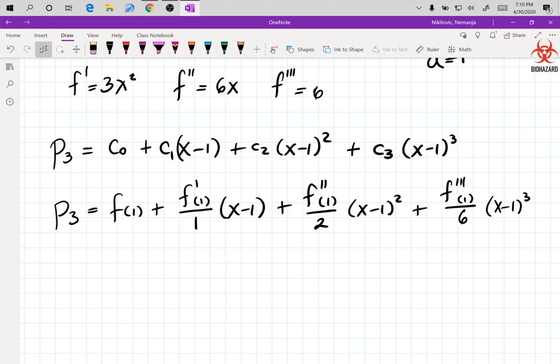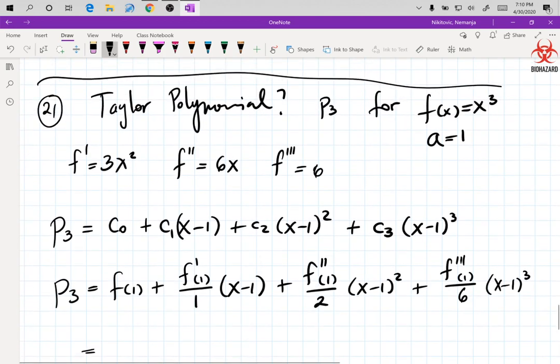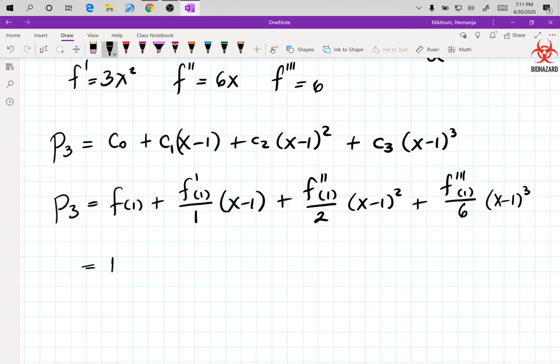So what is the P3 over here now? Well, this is going to be the original function computed at 1. My original function is x cubed, so that's 1 cubed. Plus my derivative is 3x squared, so that's 3 times 1 squared times (x minus 1). Plus my second derivative is 6x.